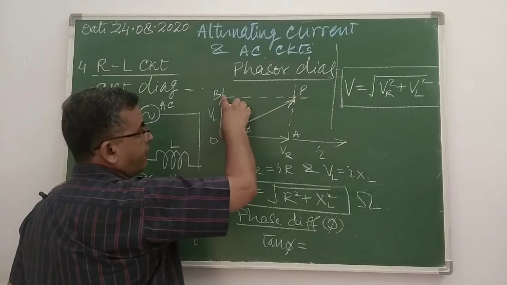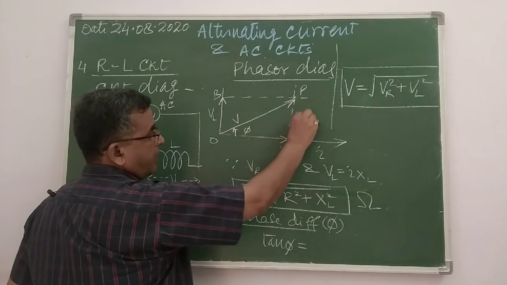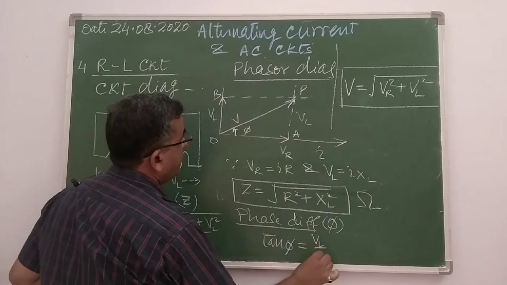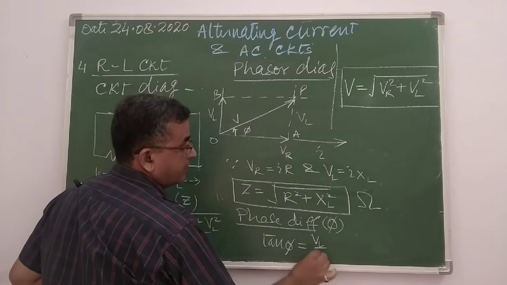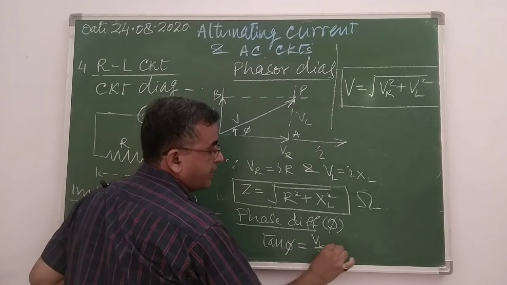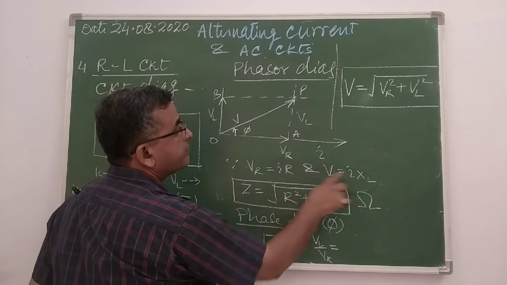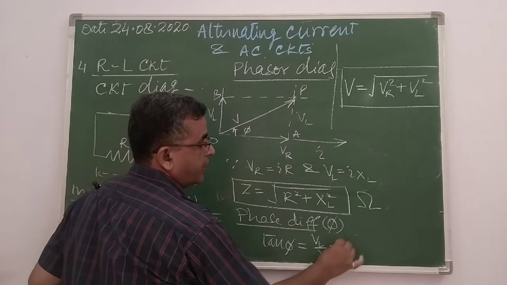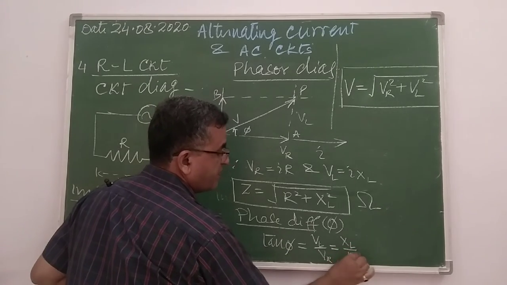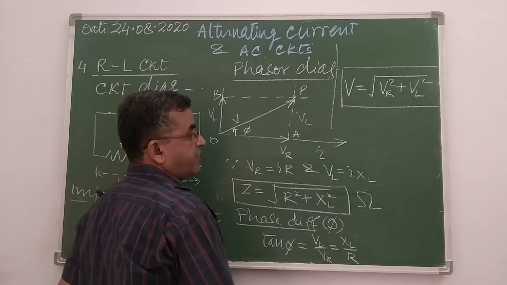So this is VL upon VR, or we can write I XL upon I R. So it is XL upon R. So this is the phase difference.